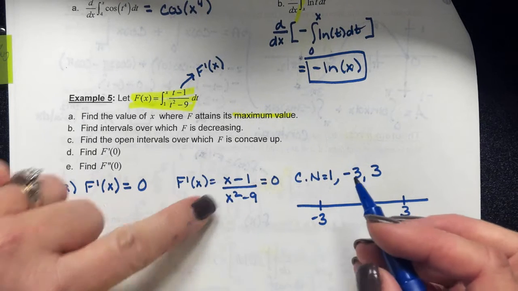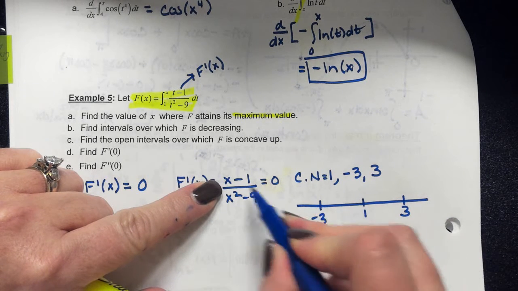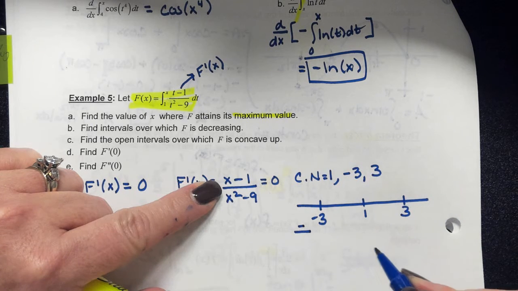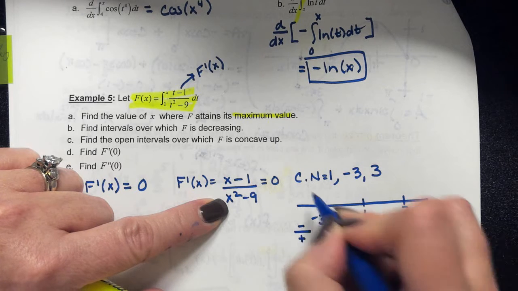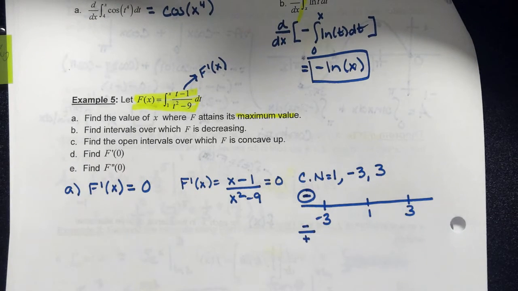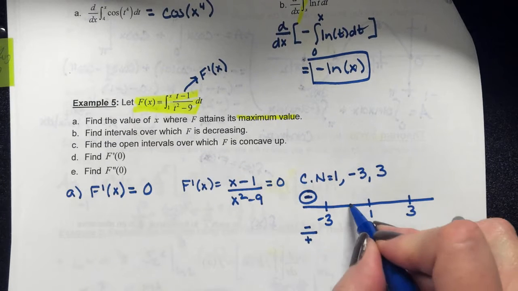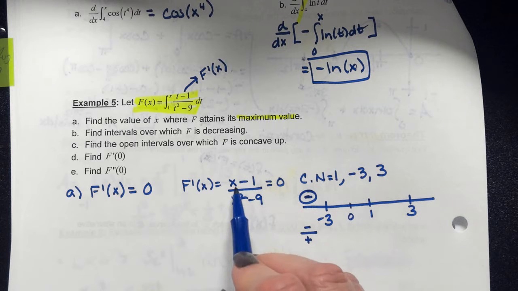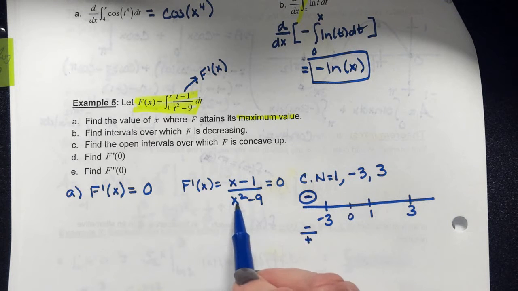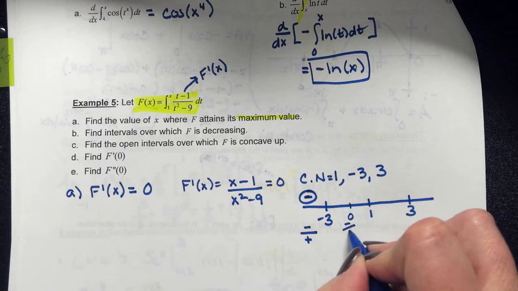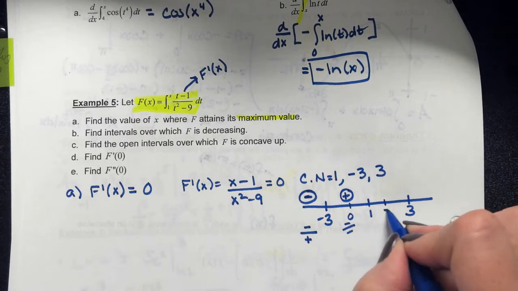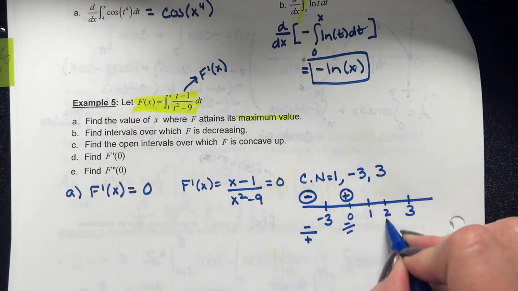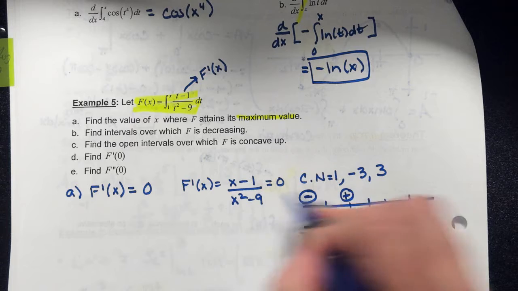Exactly. So if I plug in negative 4, negative 4 minus 1 gives me a negative on the top. Negative 4 squared is 16, and that's going to give me a positive on the bottom. So I know less than negative 3, that interval is negative. Between negative 3 and 1, if I plug in a 0, 0 minus 1 is a negative on the top, 0 minus 9 is a negative on the bottom, and a negative divided by a negative is a positive. If I plug in 2, 2 minus 1 is positive, 2 squared, 4 minus 9 is a negative.